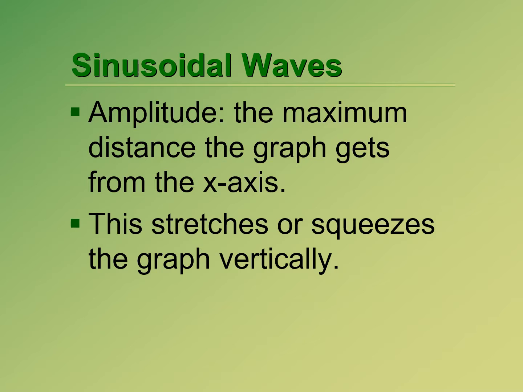We're only worried about the distance. If there's a negative number, like a negative amplitude, don't worry about it being negative. The negative just flips the graph across the axis. It just reflects it. So amplitude is always going to be positive because it's a distance. If there is a negative with it, it just means that it's going to be flipped over, or reflected over, the axis.